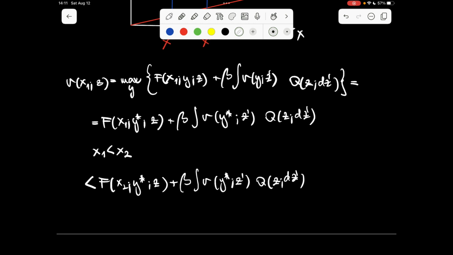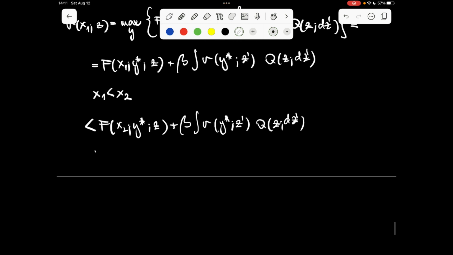So this relation holds, which is equal to or lower than the optimum choice for the problem at this higher level of the new capital stock.